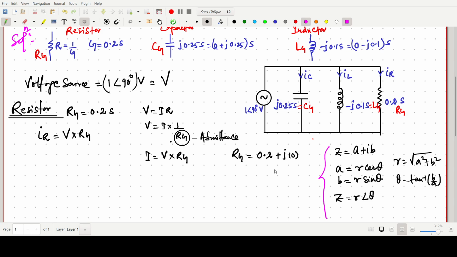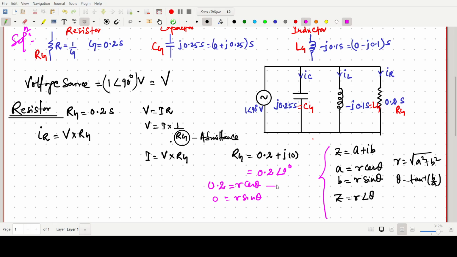But for the resistance part, Rg is 0.2, angle is 0. So the value of Rg can be written simply as 0.2 with angle 0. Is it okay? Because here this value 0.2, for example, I am writing r cos theta, and 0 is r sin theta.